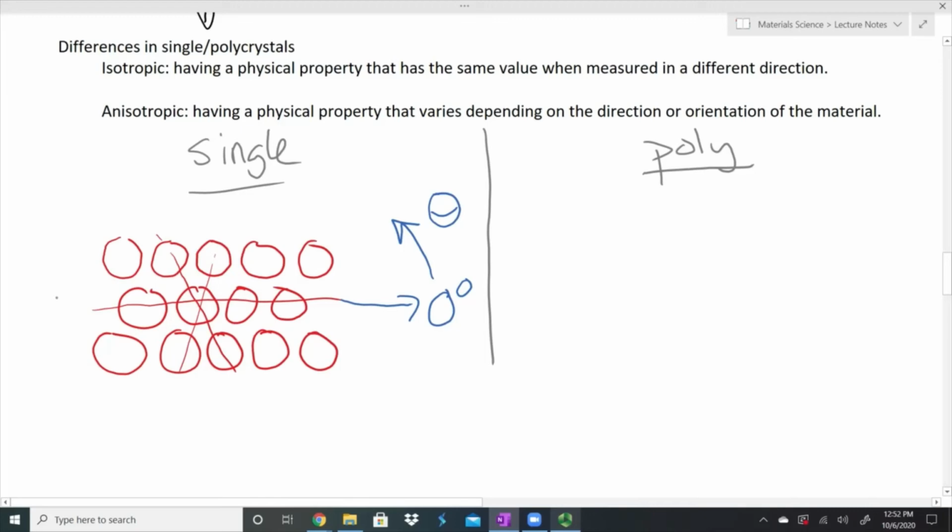I apply a positive voltage on one end, I ground out the other side, and I want to see how voltage flows through this material, how electrons flow through this material. I have a nice set of order right along this 0 degree mark, and so electrons could hop from atom to atom relatively easily.